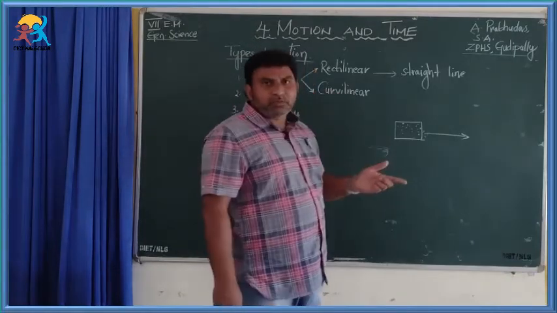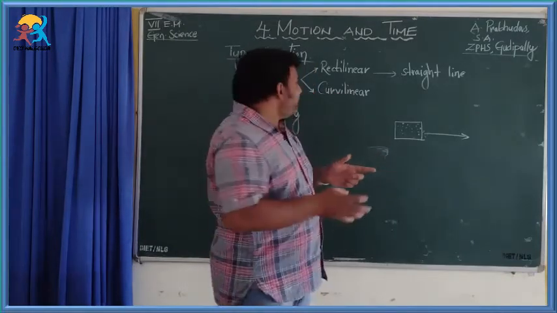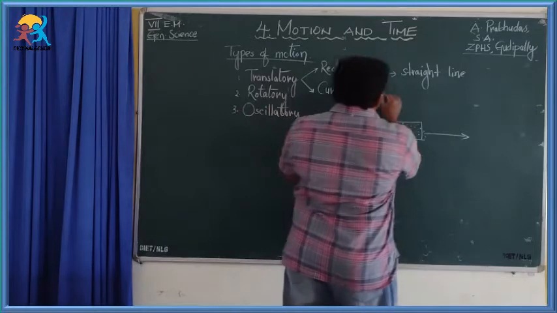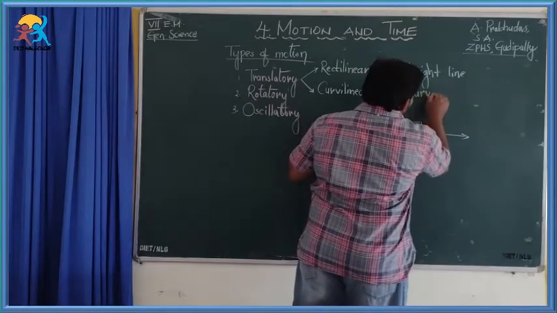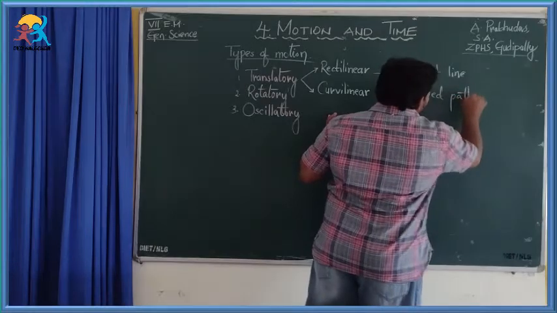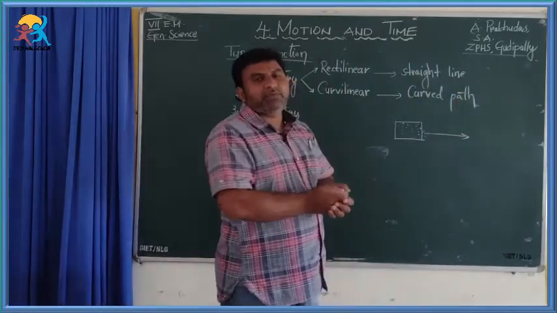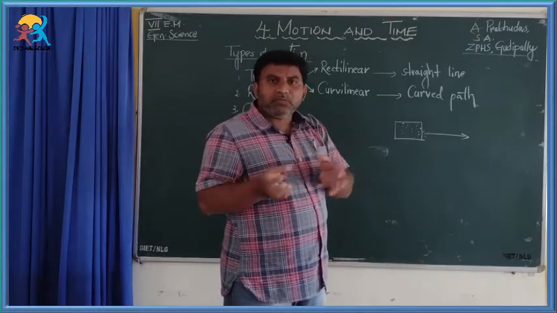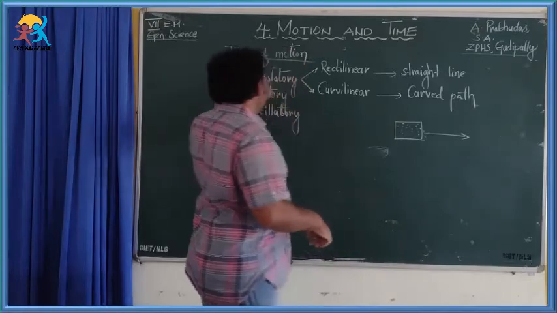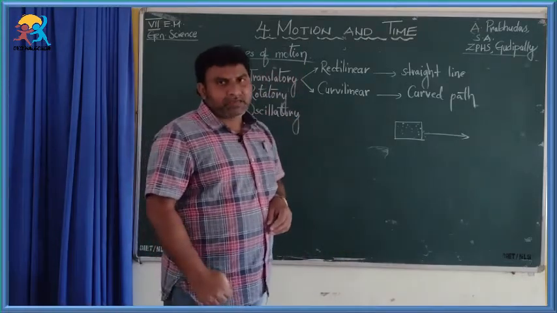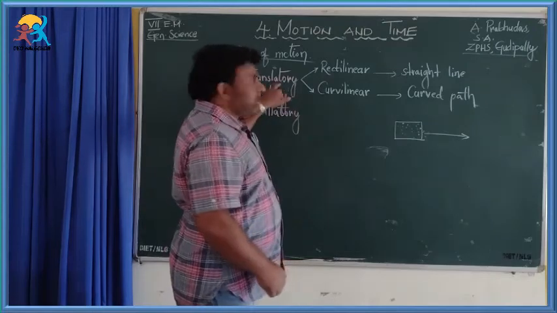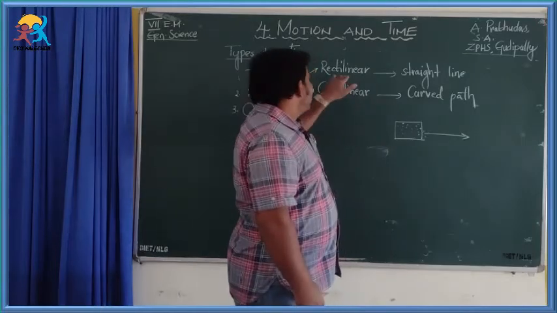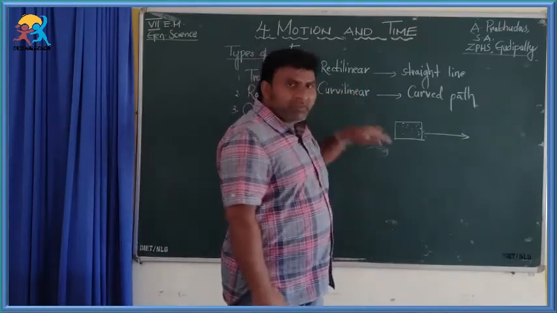And what about curvilinear motion? If an object having translatory motion moves along a curved path, that type of motion is called curvilinear motion. So, curvilinear motion is also translatory motion. Now, you clearly understand translatory motion is of two types, rectilinear and curvilinear.